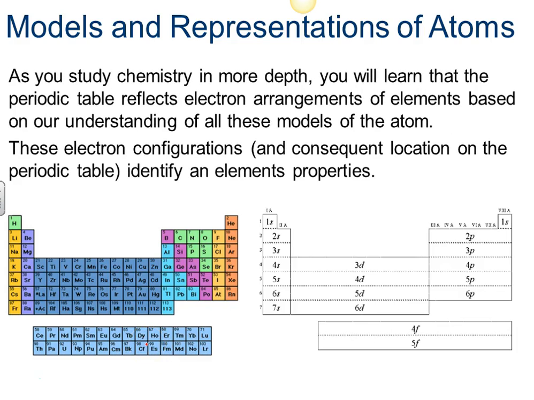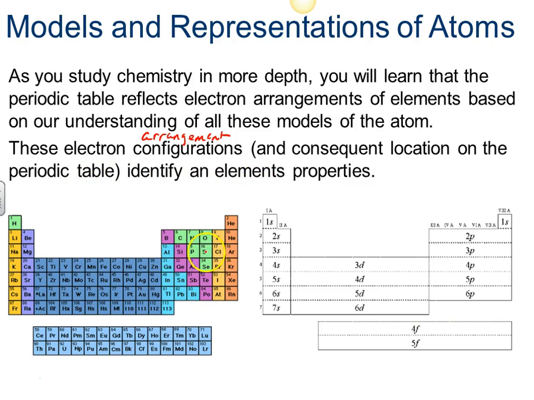And as you continue to study chemistry, in more depth, you're going to learn that the periodic table, the shape of it, the structure of it, says something about electron arrangements of elements based on what we understand about atoms at this point. Electron configurations, which just means arrangement, and consequent location on the periodic table identify an element's properties.